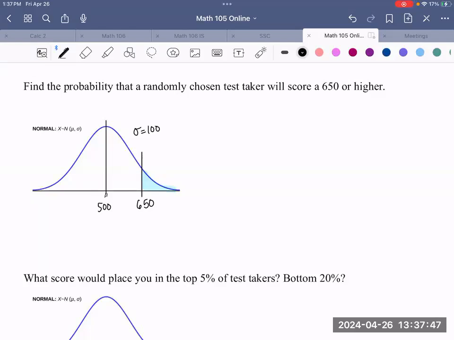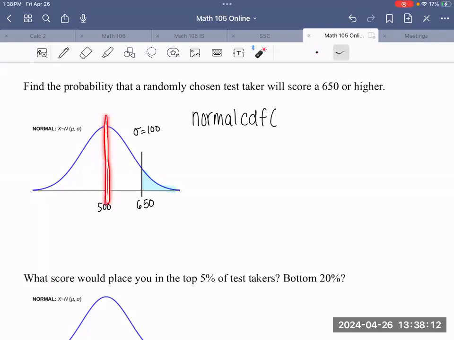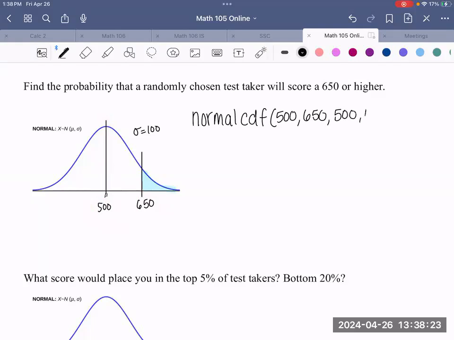However, our graphs, when we're looking at your probability, we're usually going from your value here all the way up to 650, right? So one thing we can do is use normal CDF. As your Z table we normally read from your mean, whatever it is, to this value, right? So from 500 to 650, 500, and then 100, right?